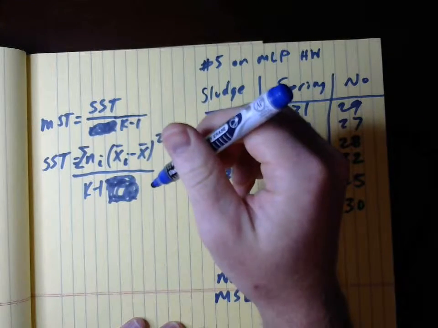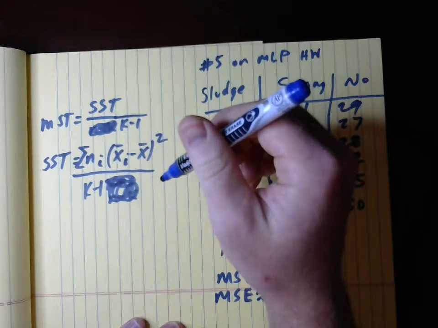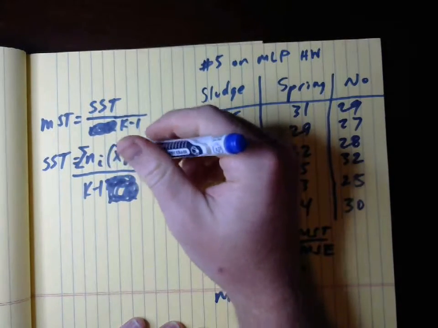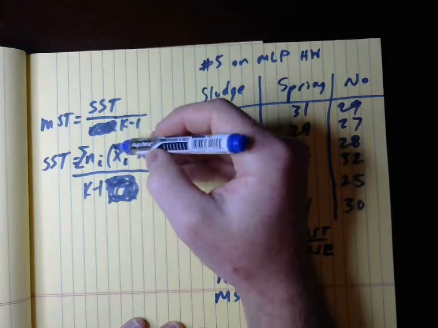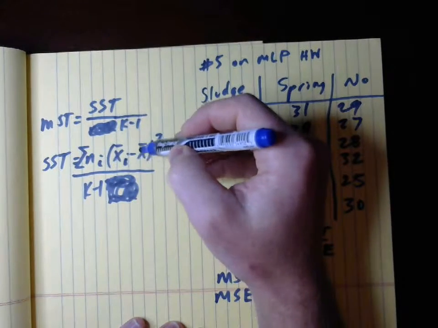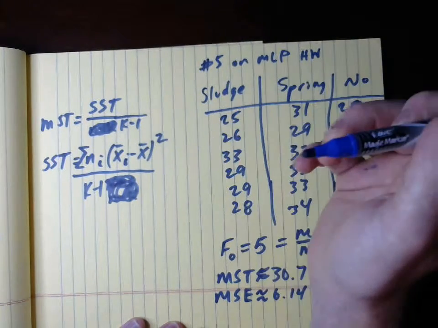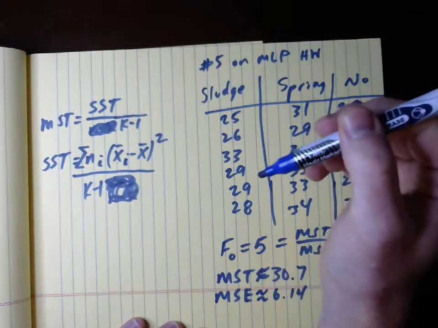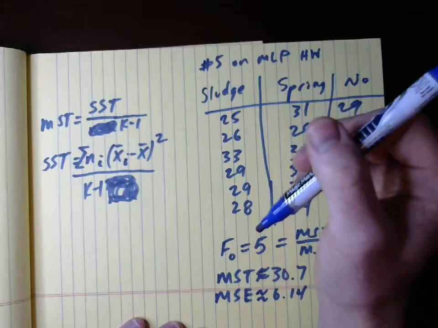And now we can see, we'll continue and notice that we're unsure of what this x bar i means and the x bar. What is x bar? So x bar is the mean of all the values.